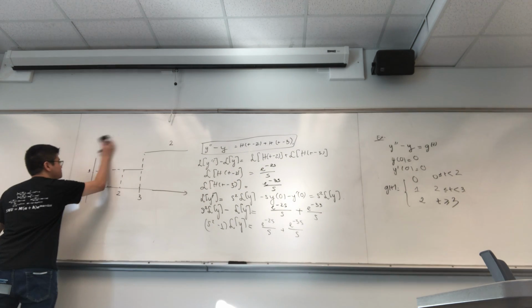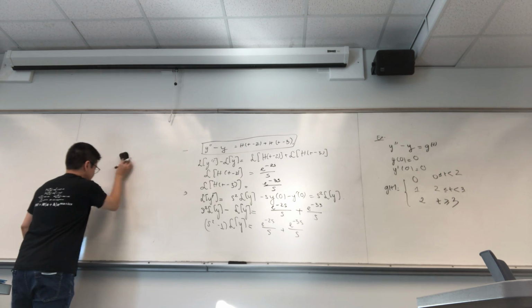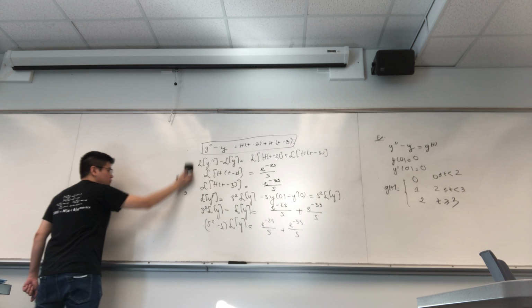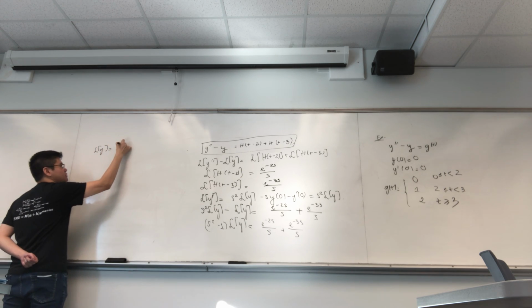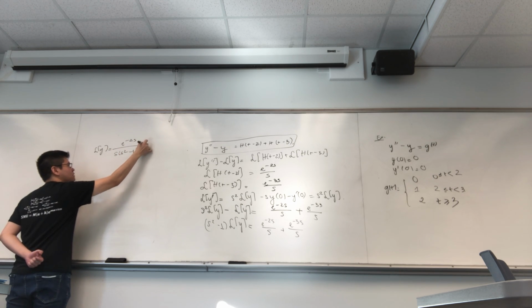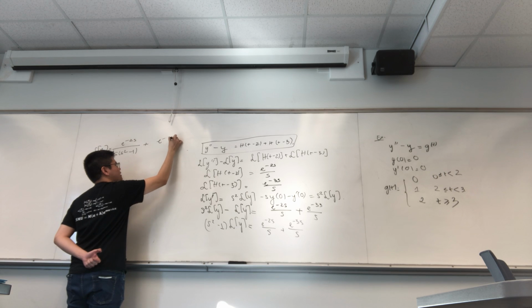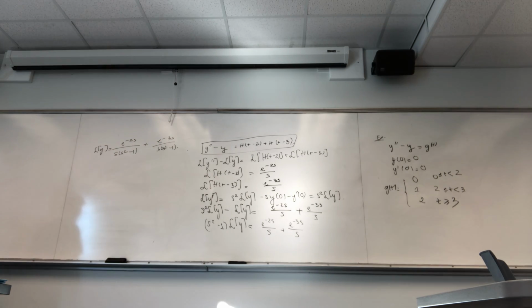Right? And now I divide both sides by s squared minus 1. So Laplace transform of y is e to the power minus 2s over s times s squared minus 1 plus e to the power minus 3s over s times s squared minus 1.